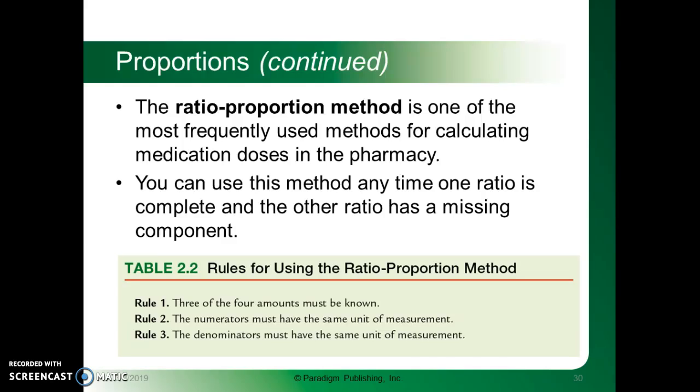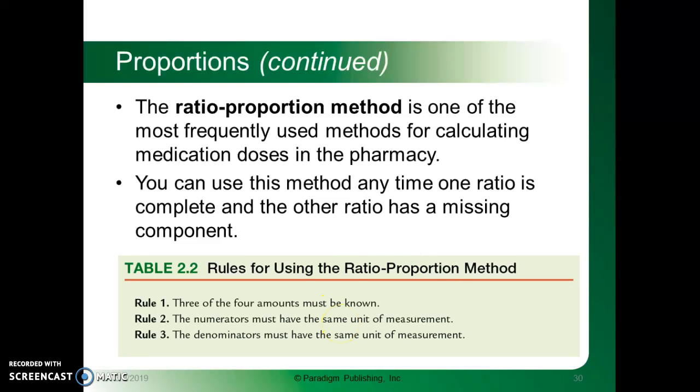For example, if we have 1 gram equal to 1,000 milligrams, and we want our answer in milligrams but we have our medication in grams, we need to use the ratio and proportion method to figure out the conversion of grams to milligrams. You can use this method anytime one ratio is complete and the other ratio is missing a component. So you will have 3 values and be missing only one value.